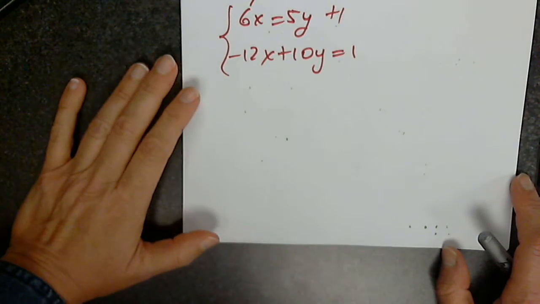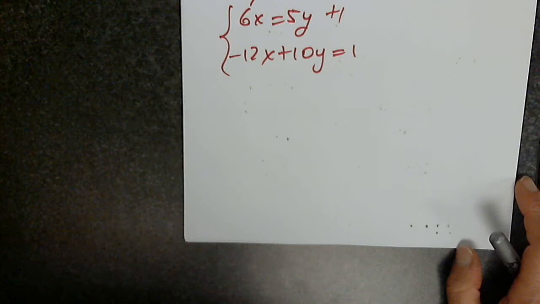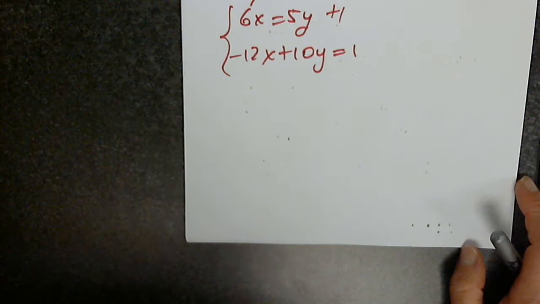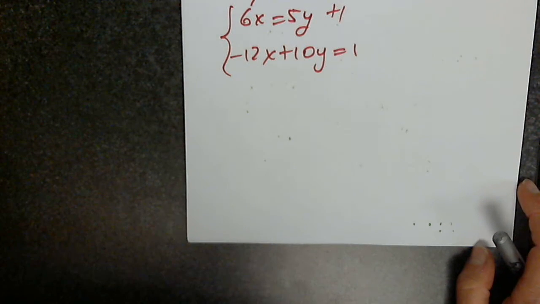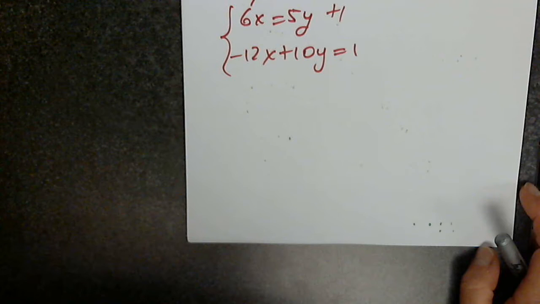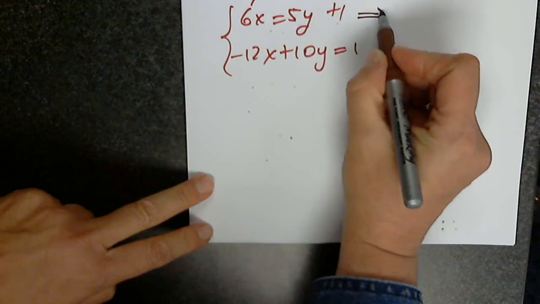So I'm given two equations and asked: are they parallel, perpendicular, or none of the above? You get them into slope form. Exactly. I have to solve for y because I need to find their slope. So how do I find the slope for the first line?